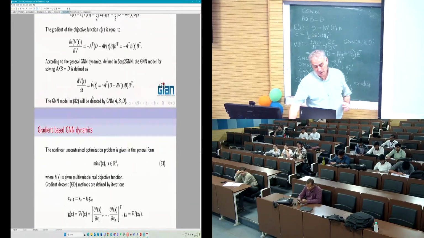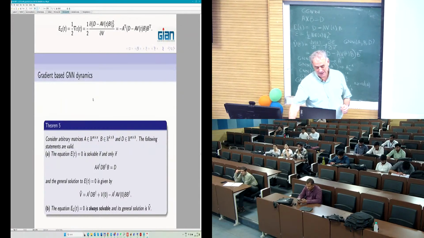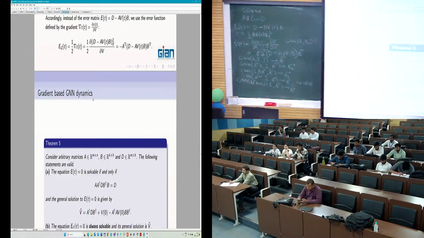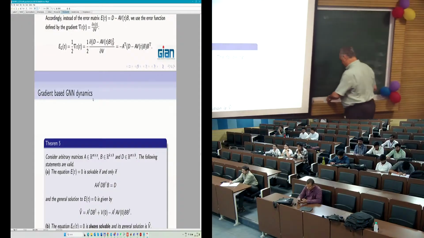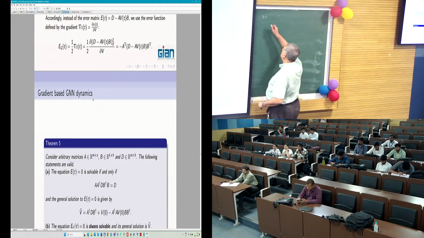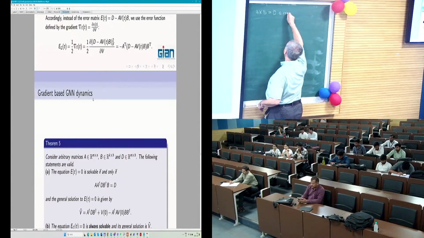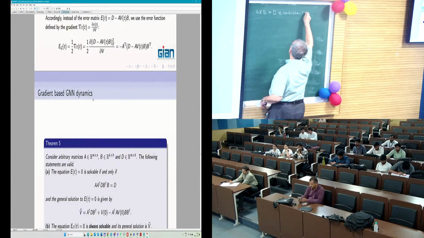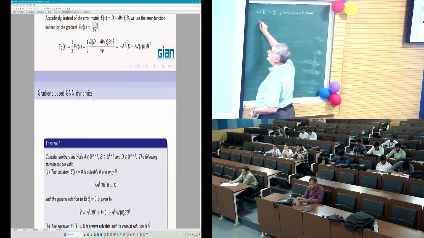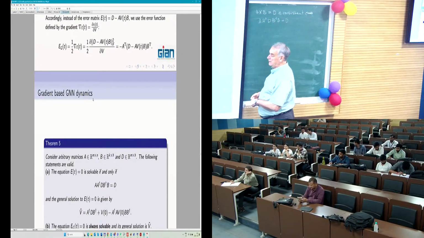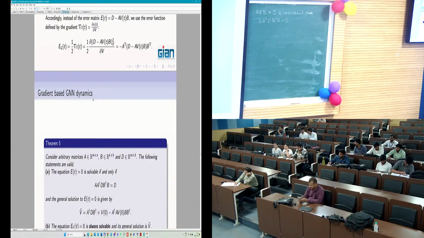Then, according to the requirements of numerical linear algebra, or linear algebra, well, better to say, we know that AXB equals D is consistent if and only if A A dagger D B dagger B is equal to D. It is a requirement from linear algebra.